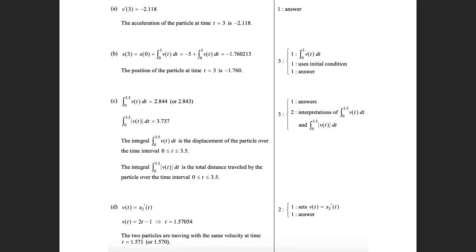And then part D, 2 points for finding where the two velocities are the same. So I am positive that you would get at least 5 points on this problem. Okay, do you think you're pretty good with these types of problems?